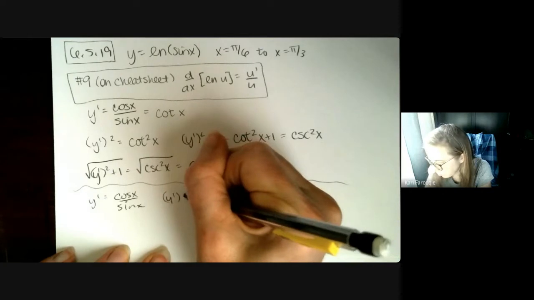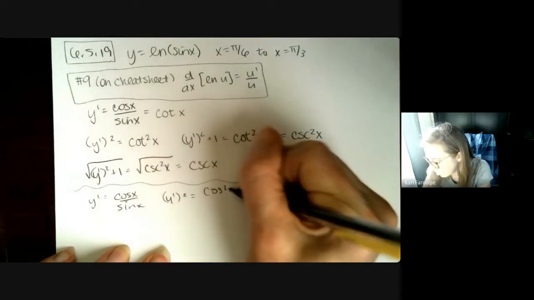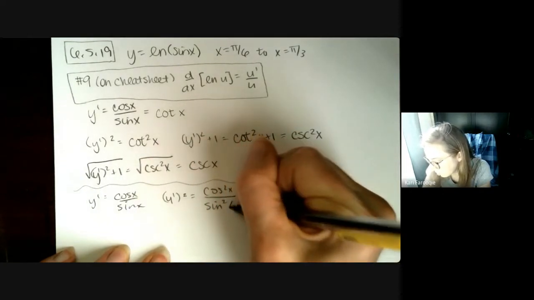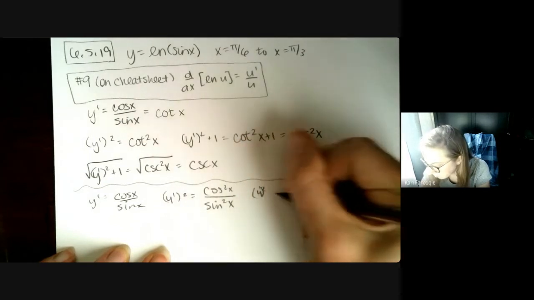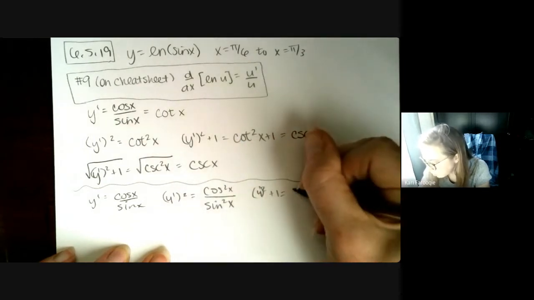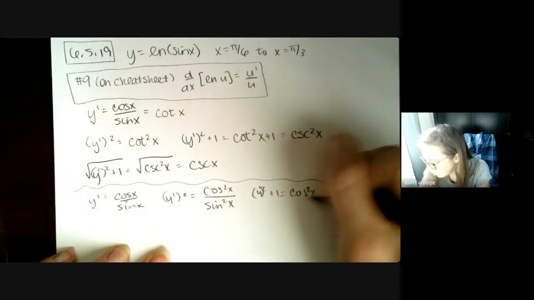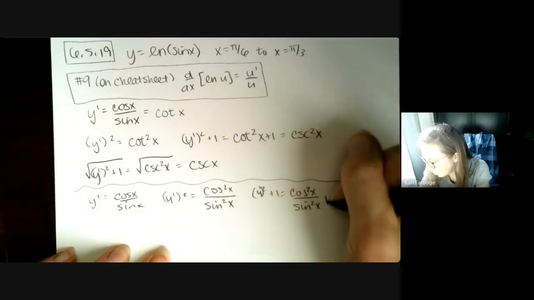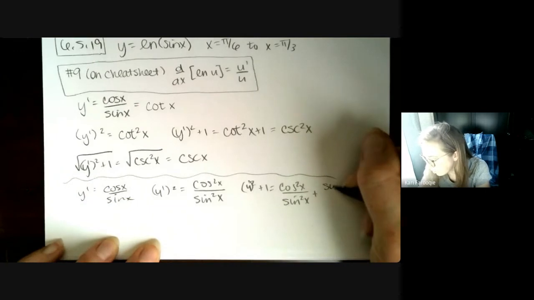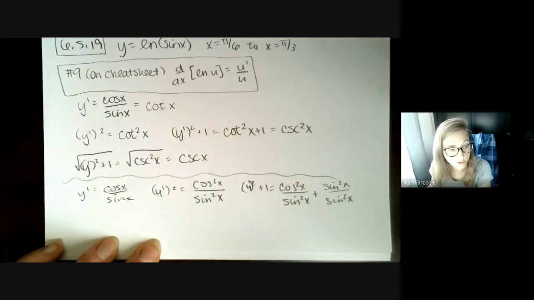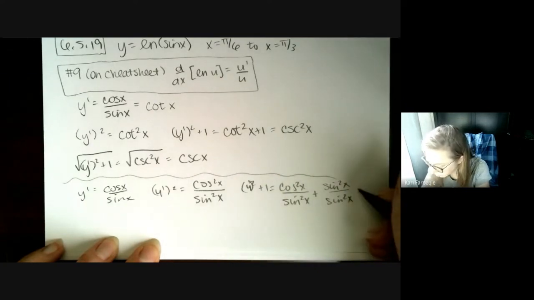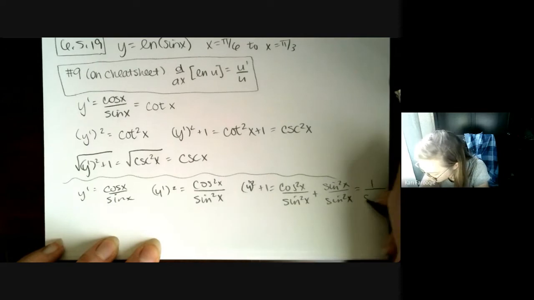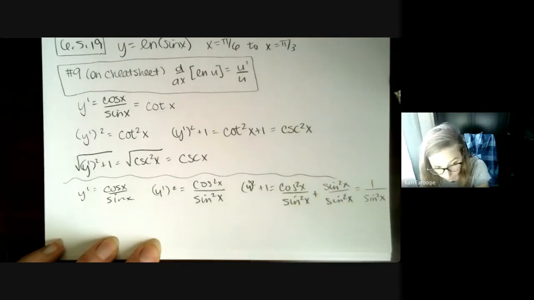Y prime squared is cosine squared over sine squared. When you add 1, you get cosine squared x over sine squared x plus sine squared over sine squared. What you end up getting is cosine squared plus sine squared is 1, and the denominator stays the same.